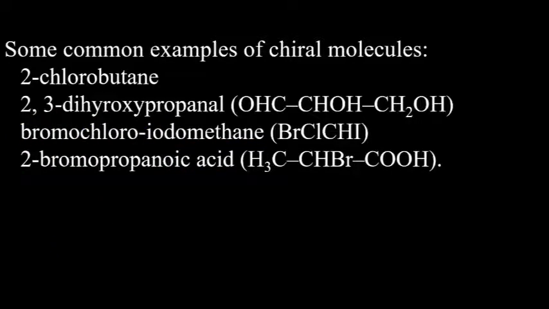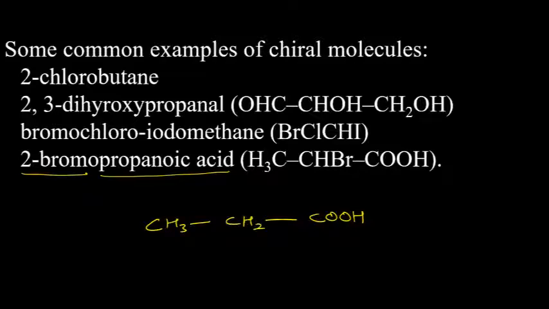Next, 2-bromopropanoic acid. So it will have C, C, C, O, O, H. If I had called it just propanoic acid, it would have been CH3, CH2, COOH. But at the second carbon, I have bromine. So here it will be CHBr.